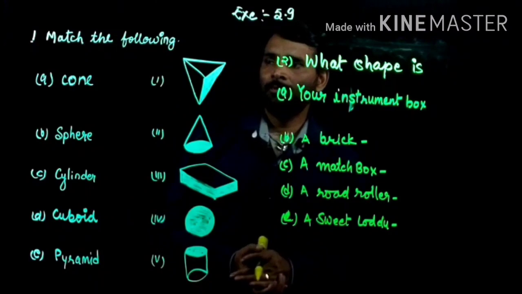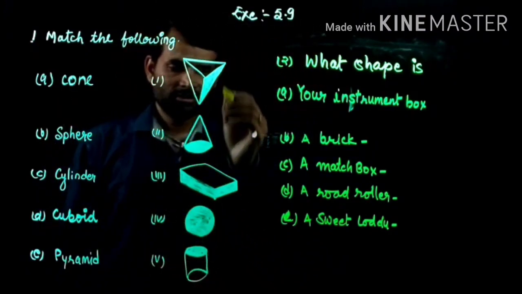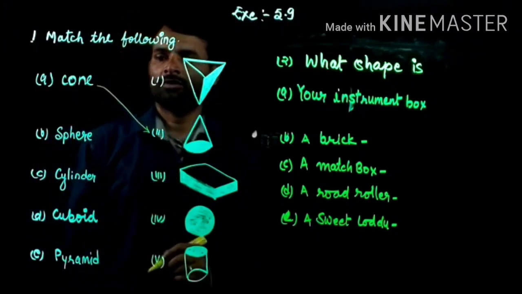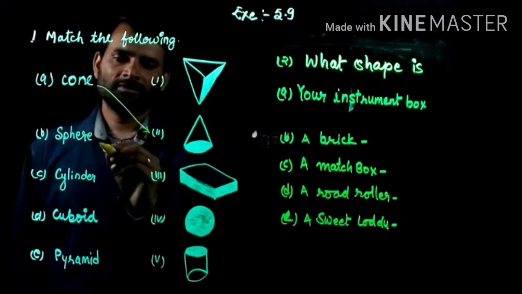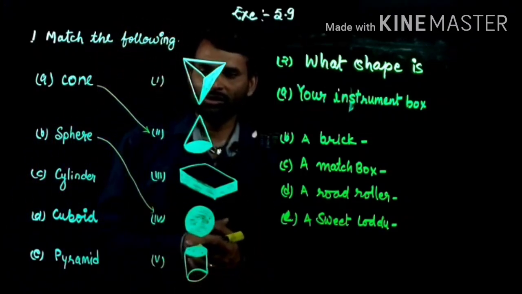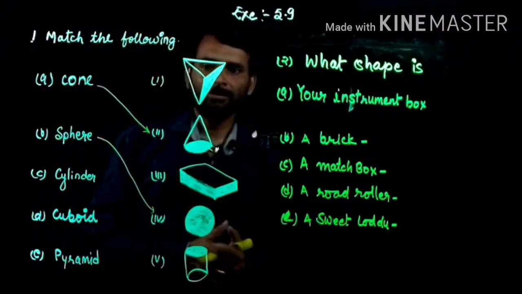Now first is match the column. The cone is the first, the diagram of the cone. A sphere is a round shape, an example is a football, and a cone is an example of an ice cream cone.